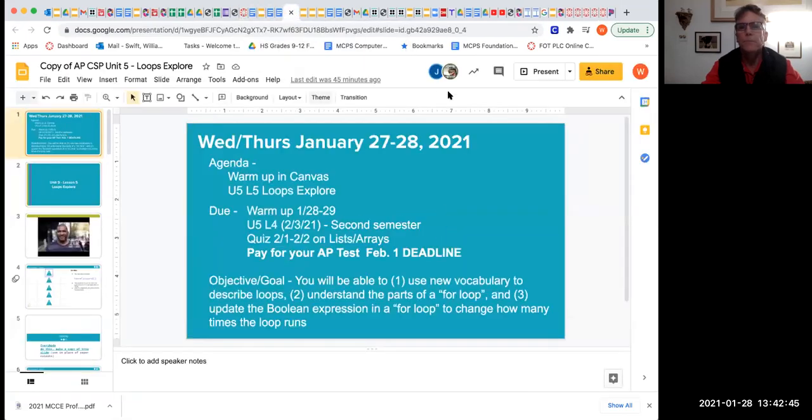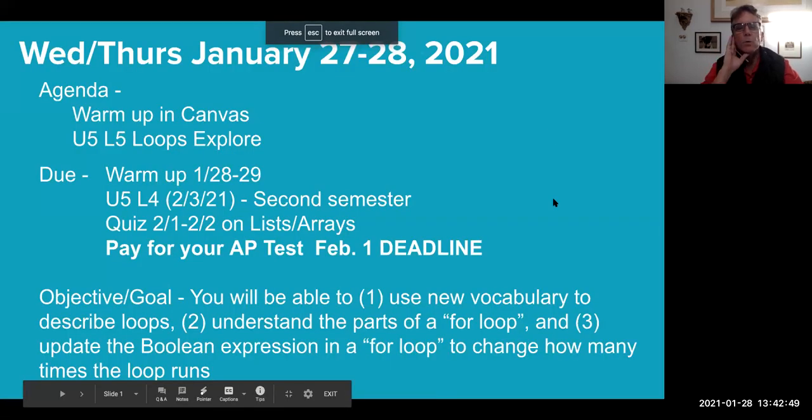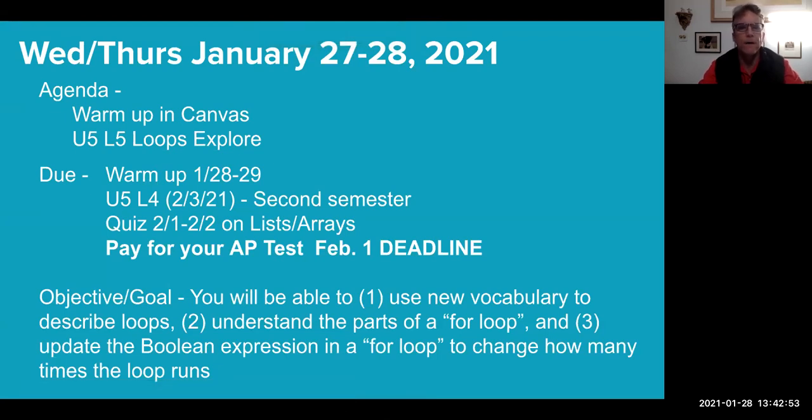Okay, we have a warm-up in Canvas. You can take a look. We'll go over that. We are looking at U5L5 Loops Explore. Oh, look, there's my friend Patrick. Thank you for coming on the first day. Welcome, Patrick. Glad to have you here. We're just starting looking at loops.